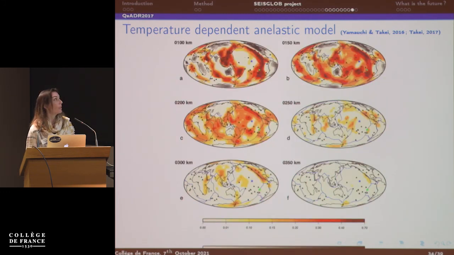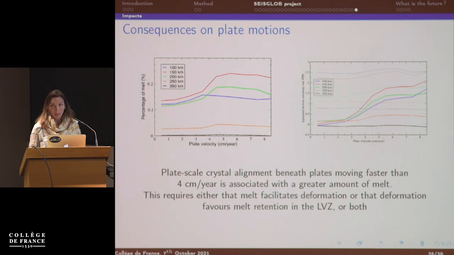When you plot that as maps at different depths, you see that the fast velocity regions are basically the cratons, and we find melt beneath ridges, or the oceanic lithosphere in general, down to 200 kilometer depth. Then the last observation that we can make is to look at the percentage of melt against the plate velocity.